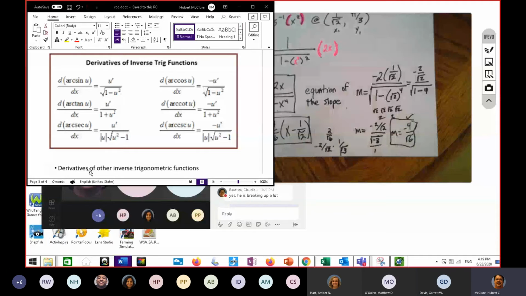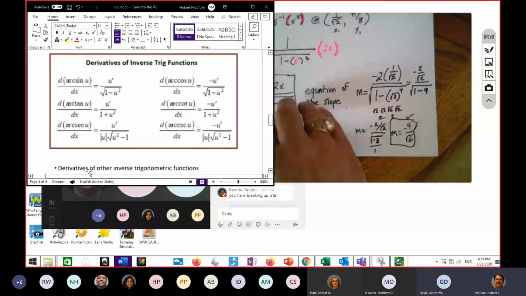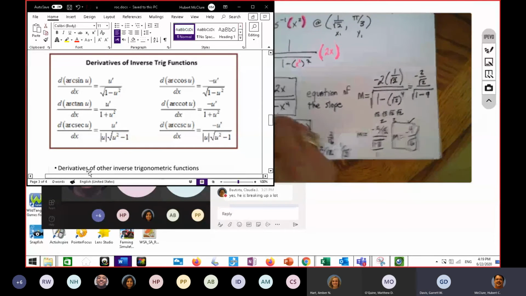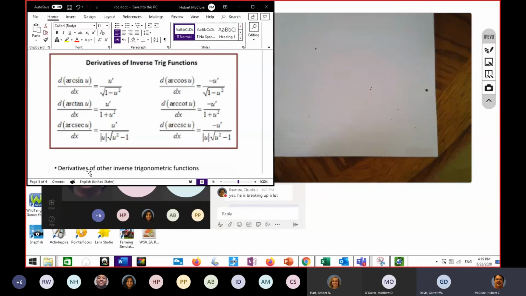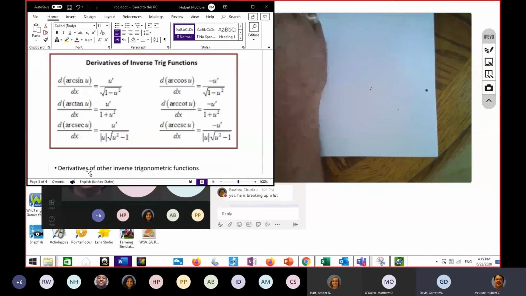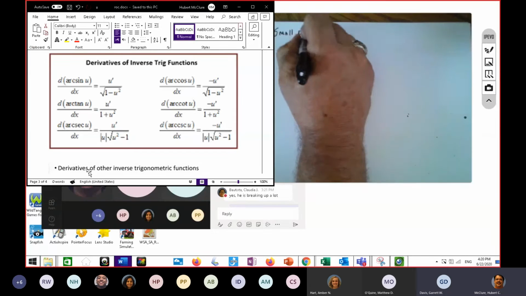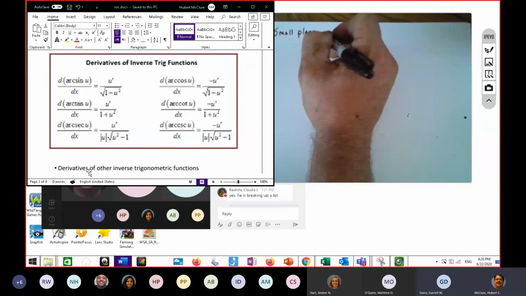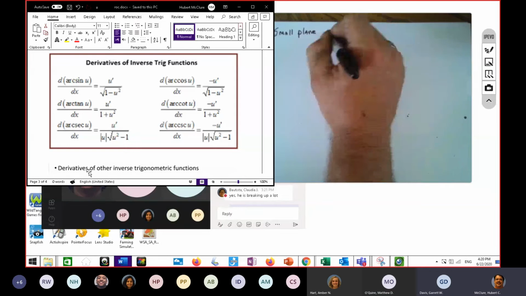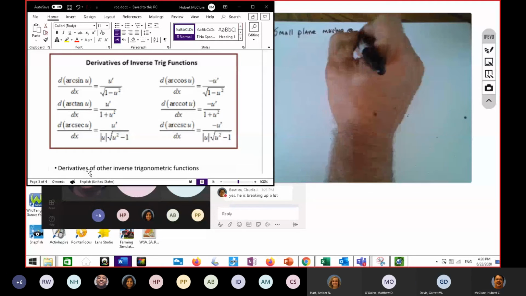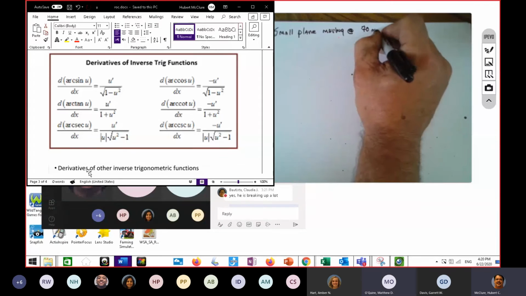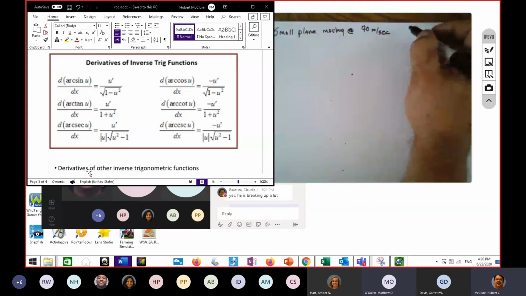And here is the last one. And this is small plane. This is like I told you. Small plane moving at 70 meters per second, or flies horizontally on a line directly over an observer.